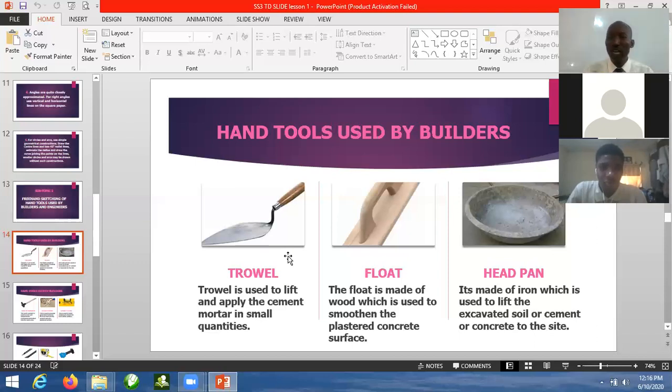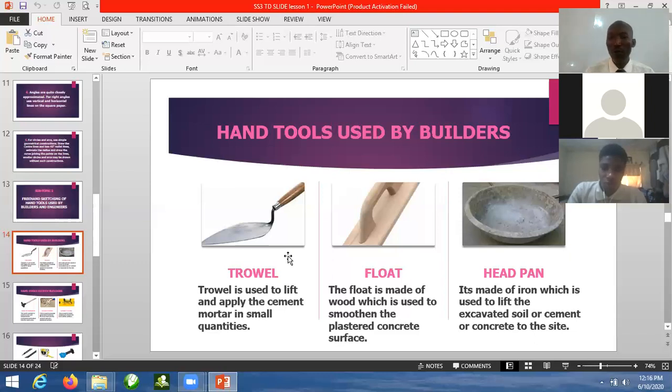After you have used the hand trowel to apply the cement on the wall, and you have tried as much as possible to dress it using the trowel, to make it level, to smoothen it properly, you need the float. So the float is used for smoothing the plastered concrete.